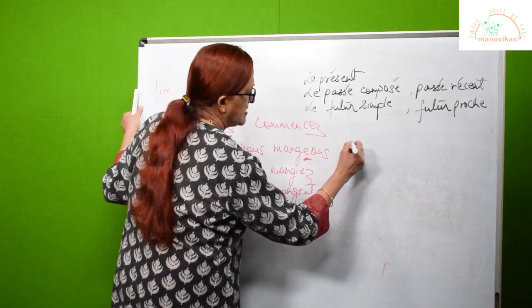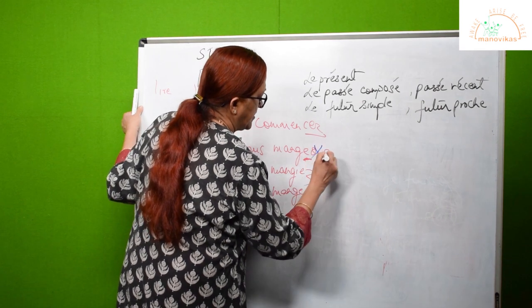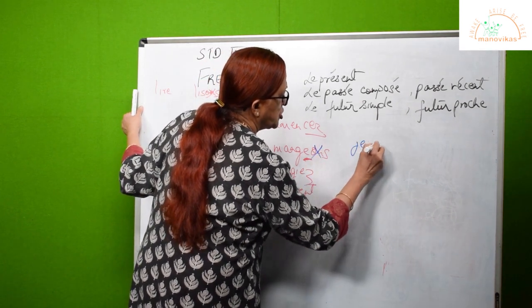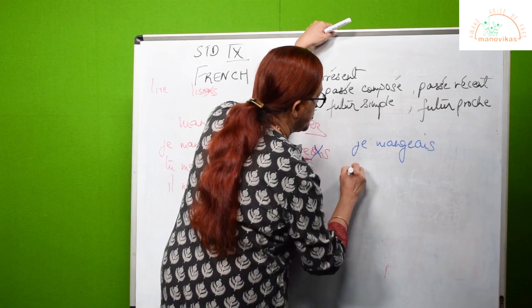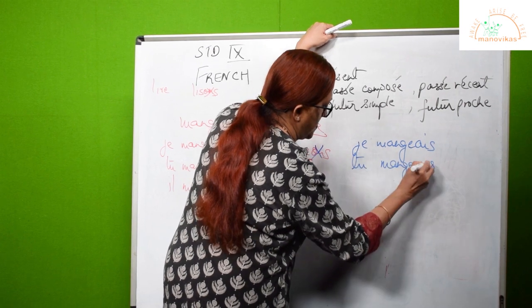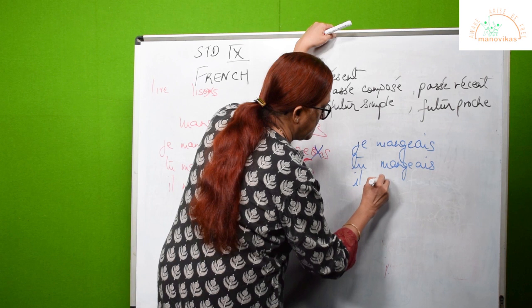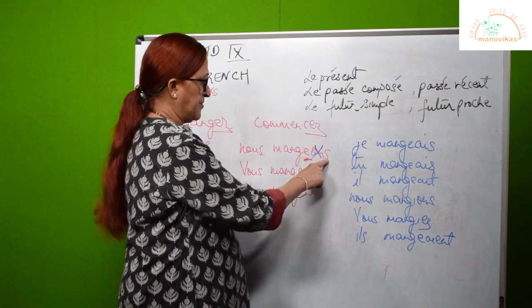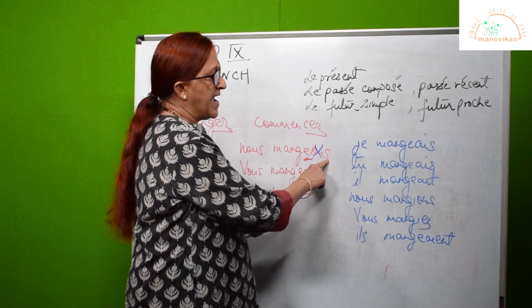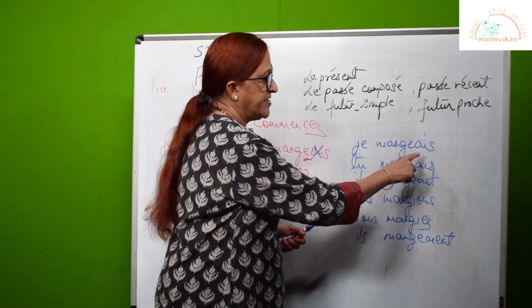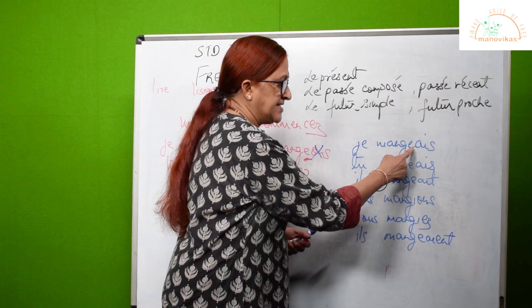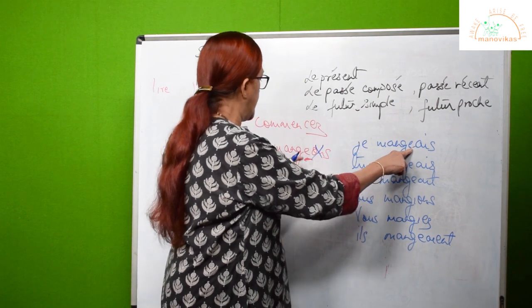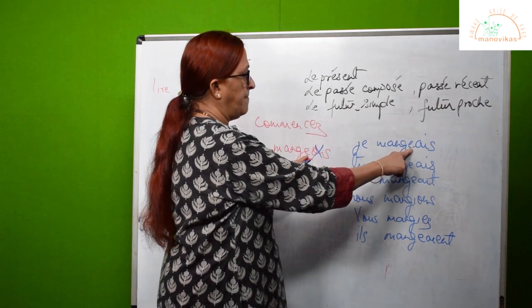So, I will cut off this ONS. Je, tu, il. So as we have seen, we have cut off the ONS from the nous form and we have added AIS, retaining the E. We have retained the E which we had added to the nous form.